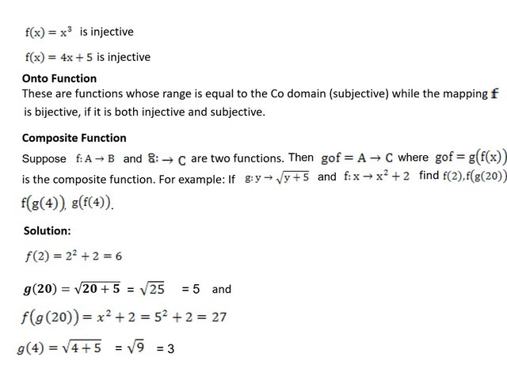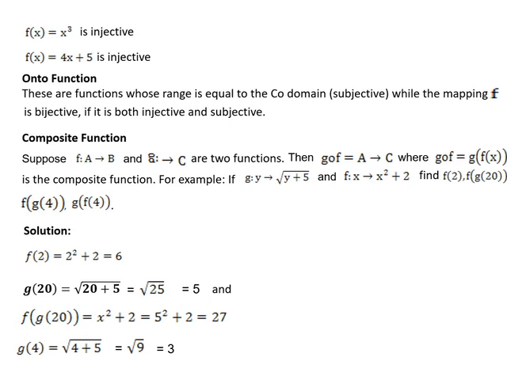Suppose f, a mapping to b, and g, a mapping to c, are two functions, then g of f is a mapping to c, where g of f equal to g of f of s is the composite function.